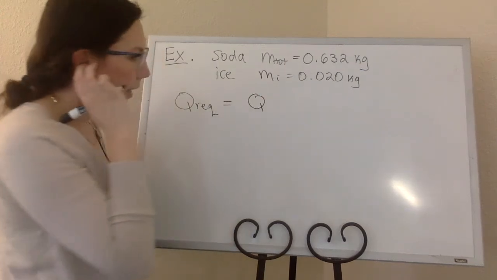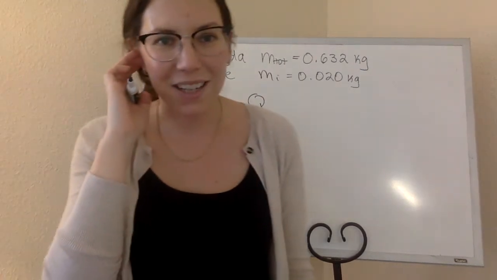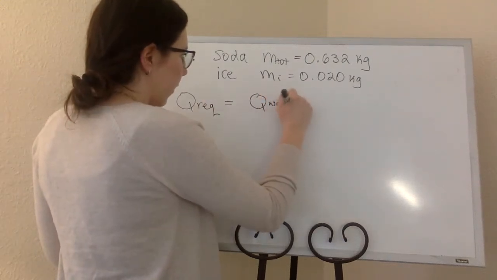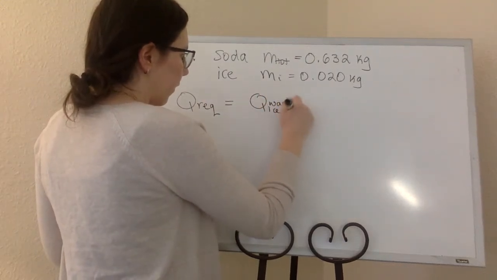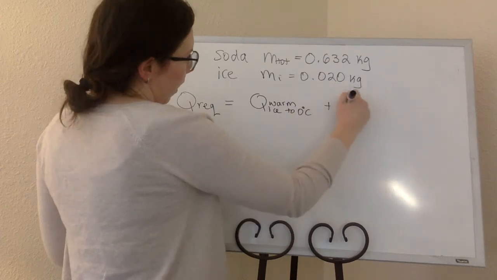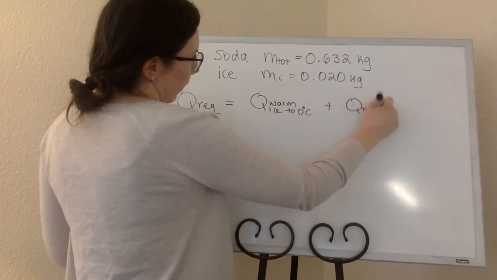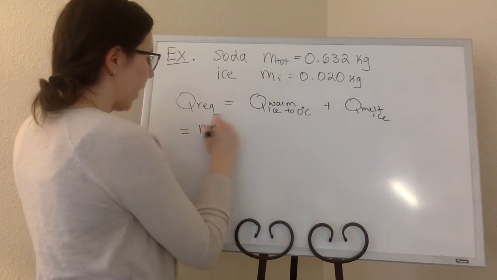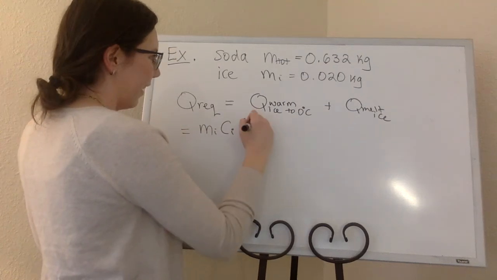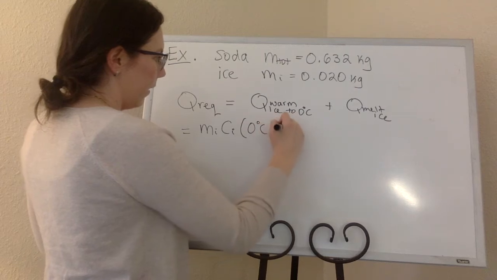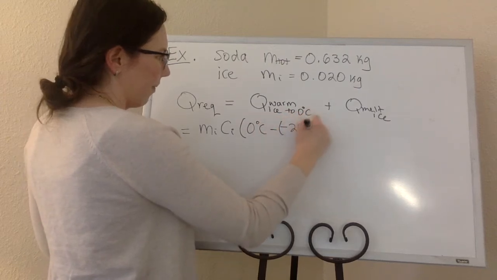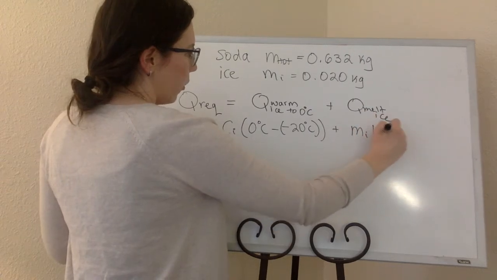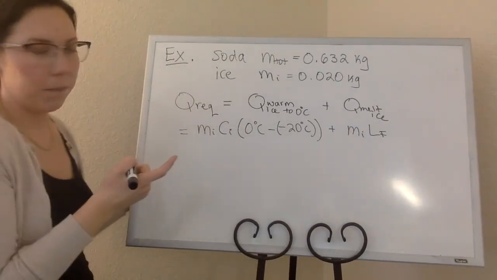So first, our ice that we're taking is again at minus 20, and we need to warm it up. So let's warm the ice to 0 degrees. And then melt the ice. So this will be the mass of ice, C ice, 0 minus negative 20, plus the mass of ice times the latent heat of fusion, just like the last question.